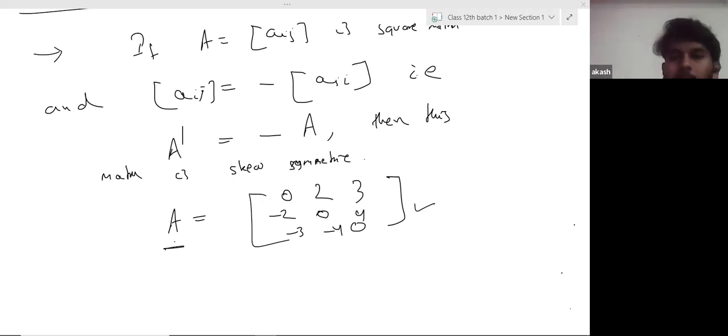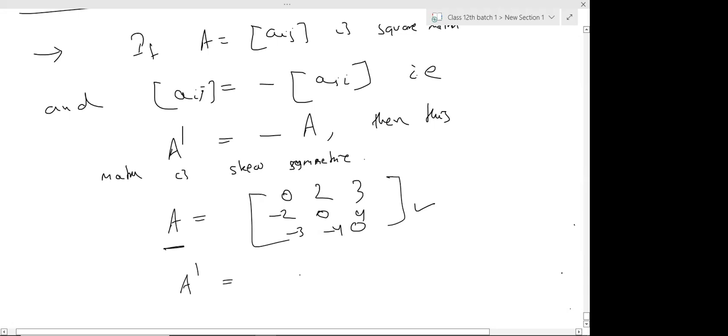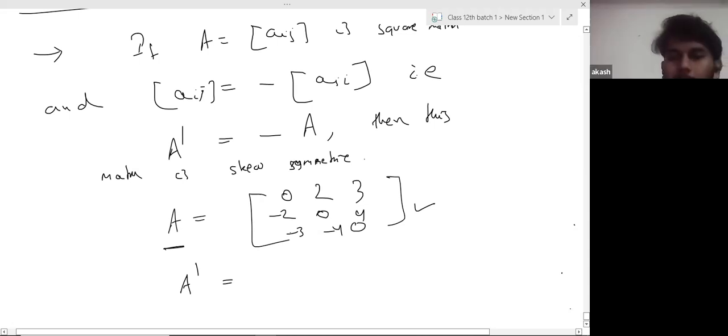What are you getting? What is A transpose? Sir, it is equal to negative A. Negative, right? So this will be 0, 2, 3. This row in the first column, the second row in the second column, and the third row in the third column.